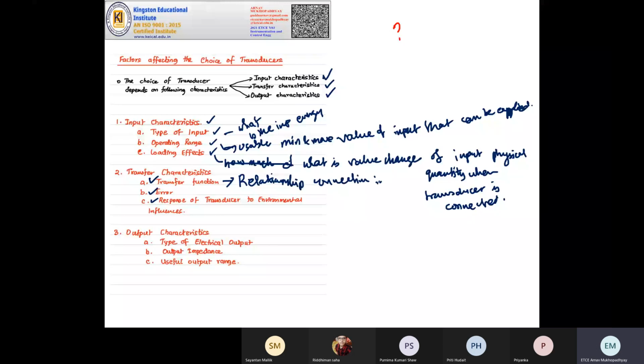Basically, it is a function h which is equal to output divided by input. Then comes error. Error is measured value minus transfer function value.